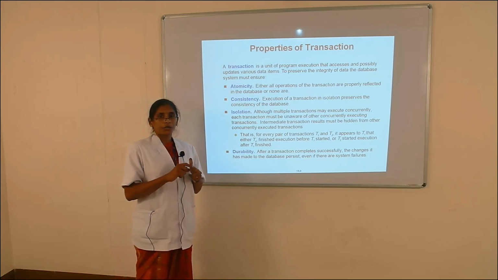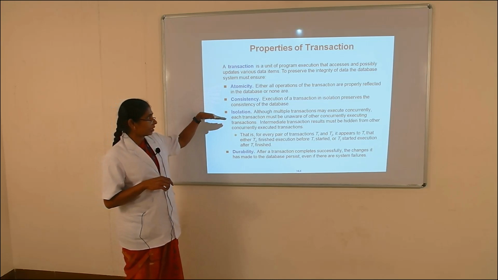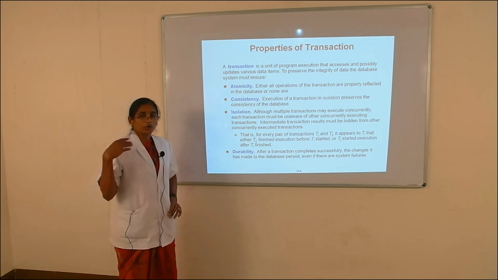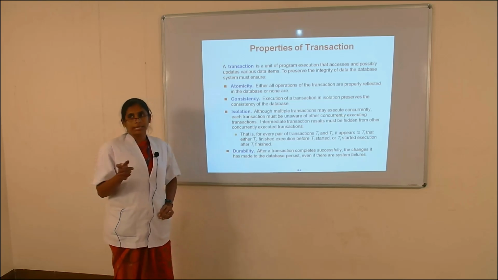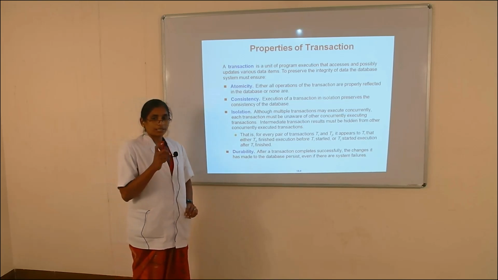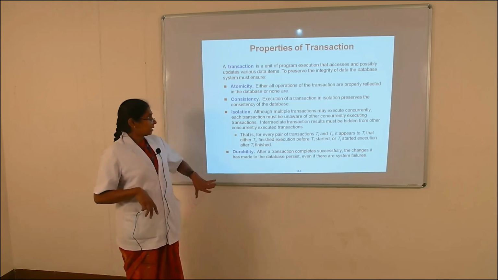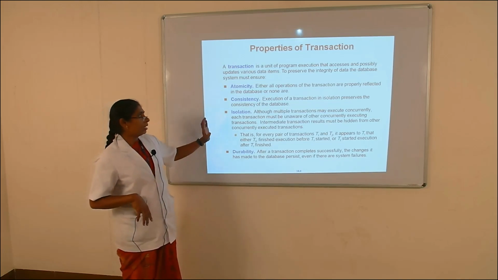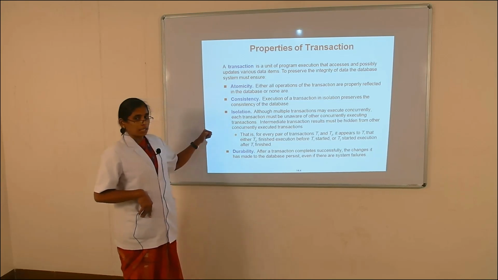And then we come to isolation, because many transactions are going to be executed at the same time, so each and every transaction should be executed individually. Okay. That comes under isolation. We will see later how we enable isolation in our database.